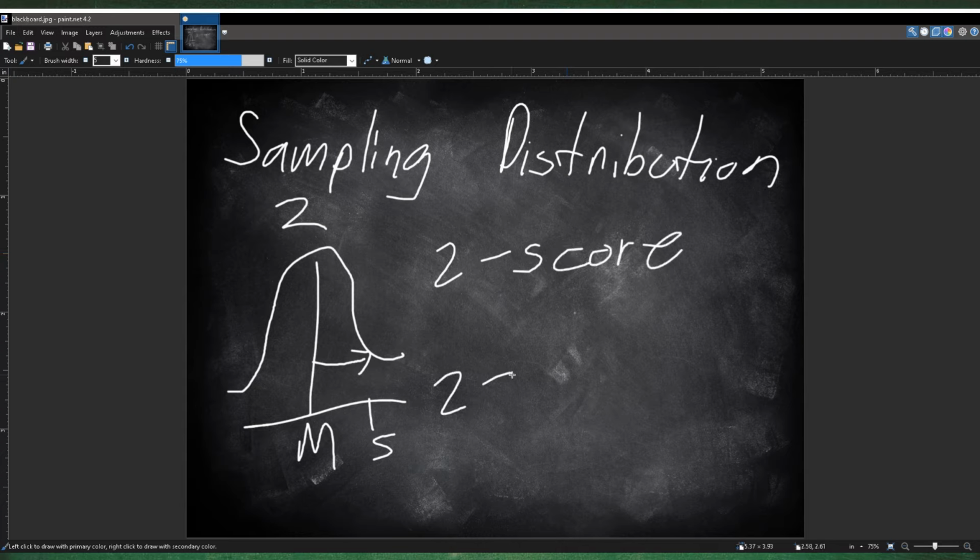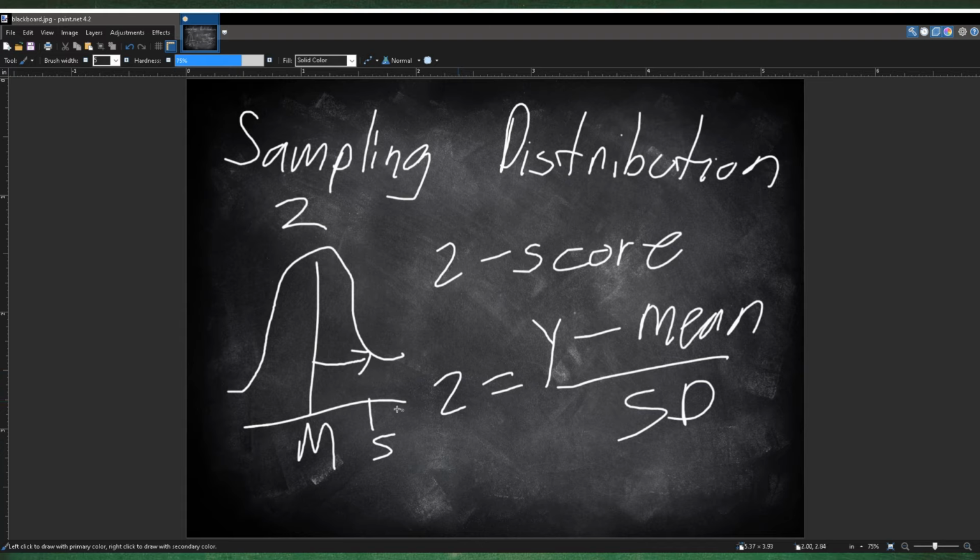Z score is basically whatever value you get based on your sample, which you subtract by the mean and then divide by the standard deviation. We're going to explain further in future videos. So the Z model doesn't really fit anywhere into your graph. You could basically just make a line like I did right here and call it the Z score. But basically we're going to use this Z model for our calculations.